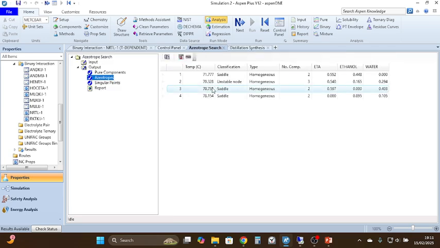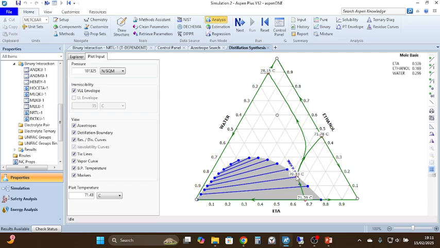This is pointed out, this one, 70.328. This is the unstable node of the three components. If you check this unstable node, you are going to get the same concentration that you are going to see over here. And these are the distillation curves.